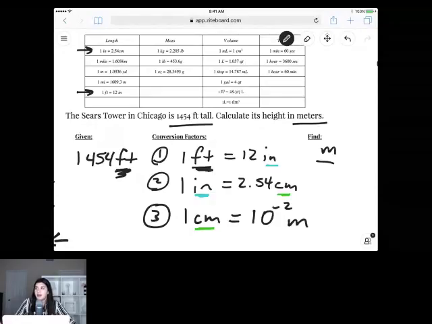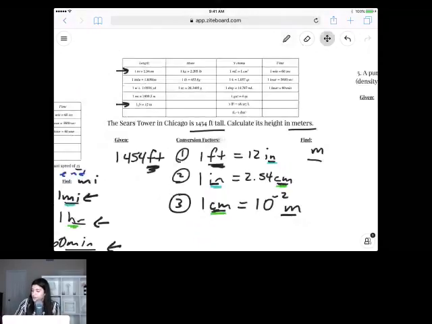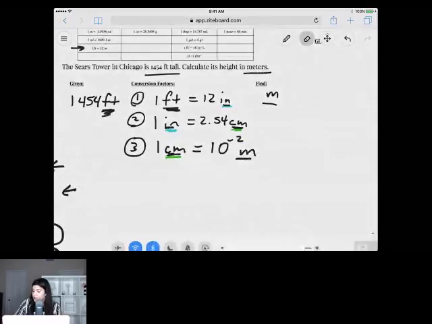Now that I am at a completely different unit, the inches, I also want to set that equal to the next one, inches. And then that gets me to centimeters. My last conversion factor will be the centimeters to meters using the metric system. So that's where that goes hand in hand. Okay, there will be questions that do have both. So I'm going to set this up now. I will do the plan again. Let me erase this.